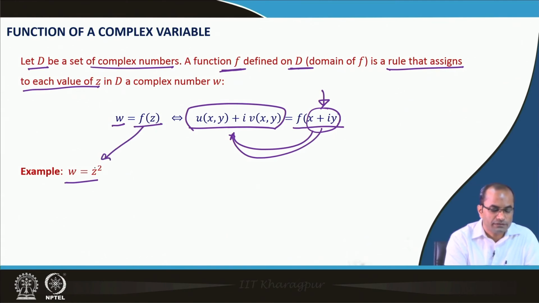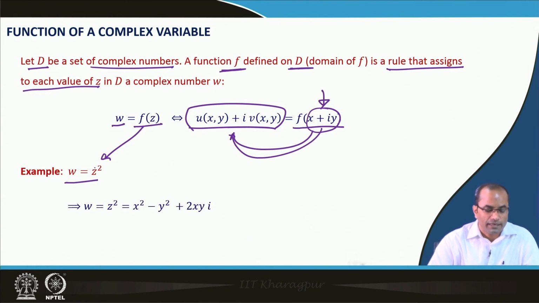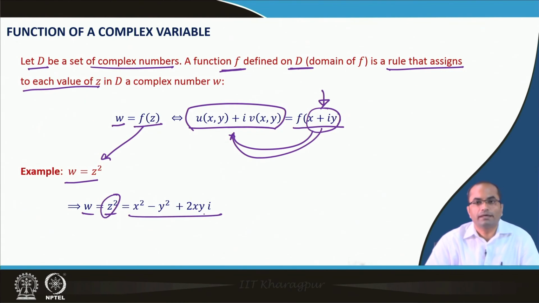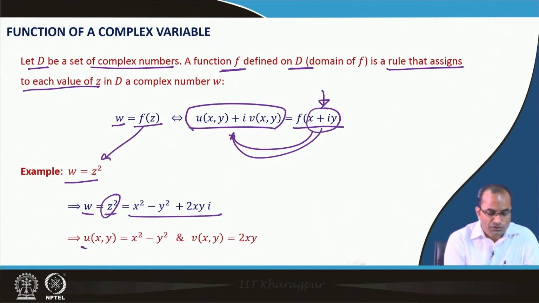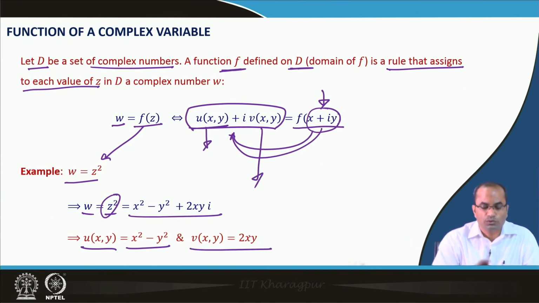So f of z is z square, and if we write it in expanded form, z is x plus i y, and if we perform this product, we get x square minus y square plus 2 x y i. So here u is x square minus y square, and v is the function 2 x y.